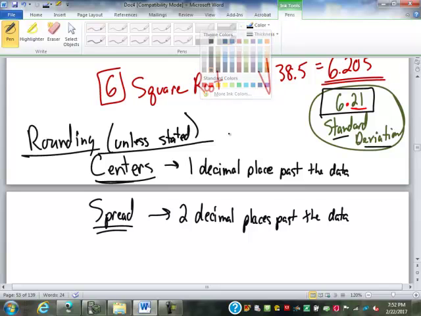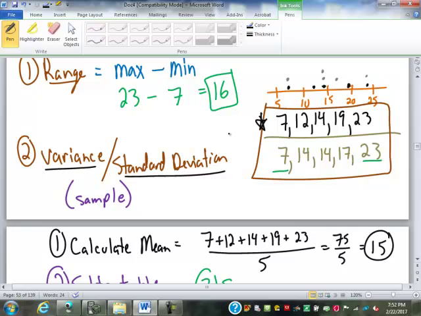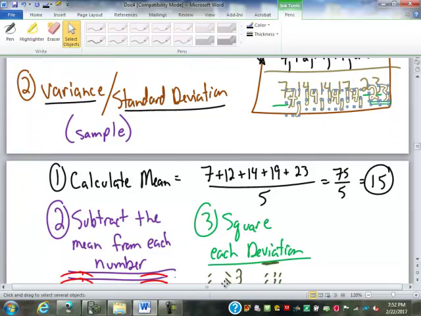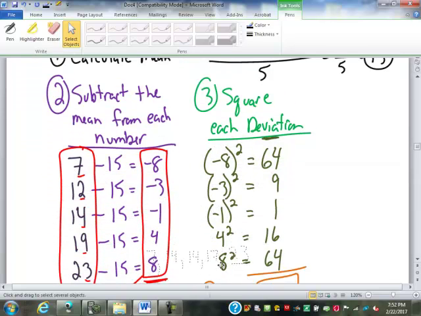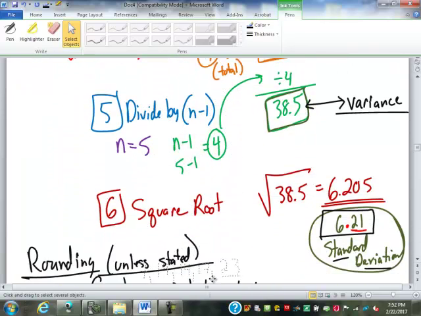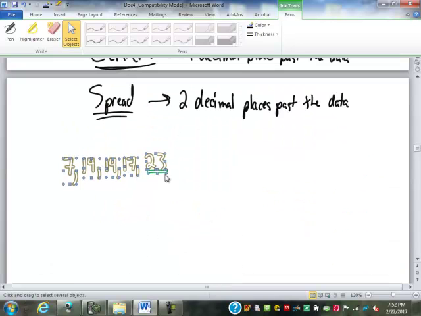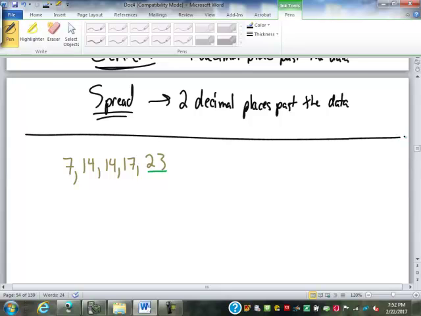So I want to take this second set of data we had here and see if we can find the standard deviation of this set of data. Since this is a long process and our first really tough calculation of the night, I'm going to give you 4 or 5 minutes. I'll help you with the first step.